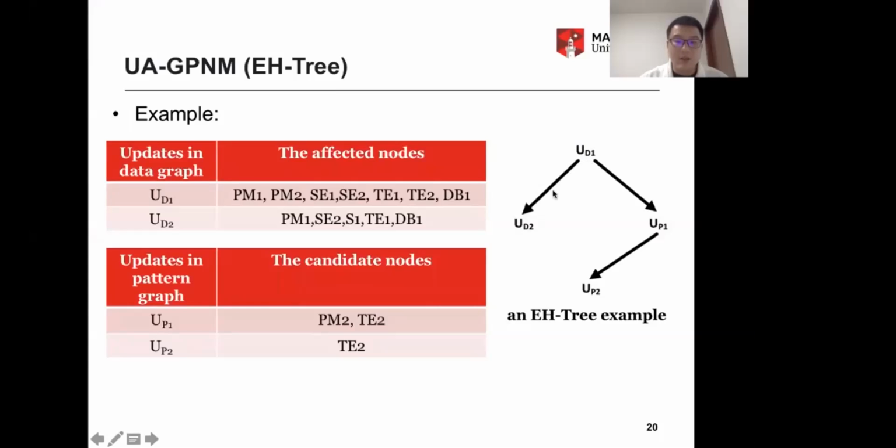And because the affected nodes of UD1 can cover the affected nodes of UD2 and the candidate nodes of UP1, UD2 and UP1 are set as the child tree nodes of UD1. And because the candidate nodes of UP1 can cover that of UP2, UP2 is set as the child tree node of UP1. So this is the final EH tree for these 4 updates.